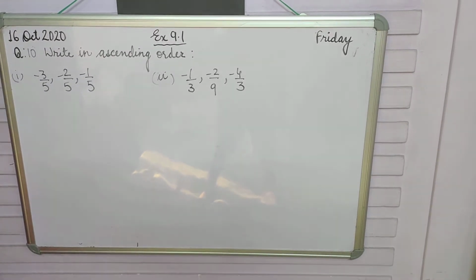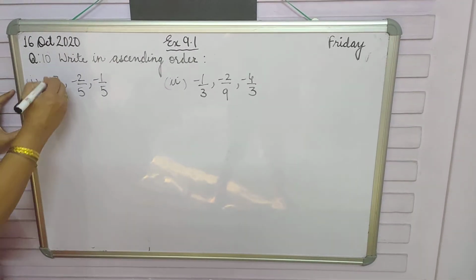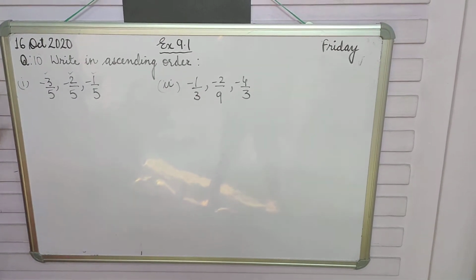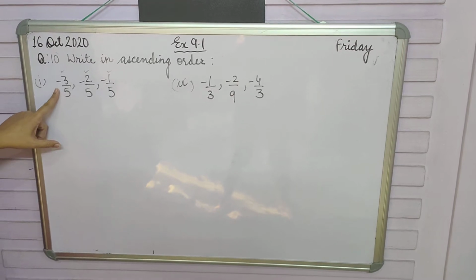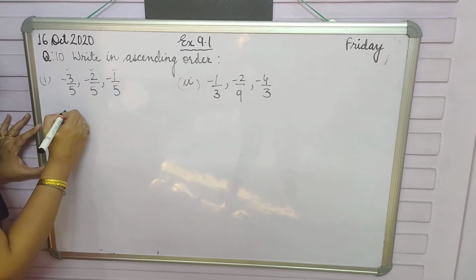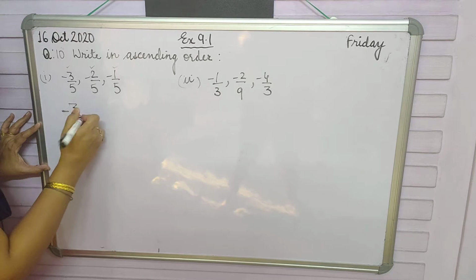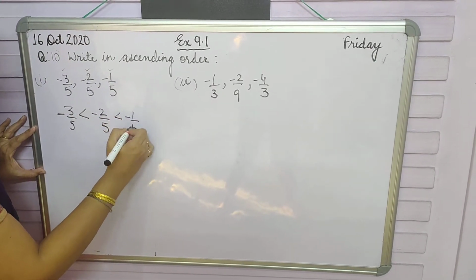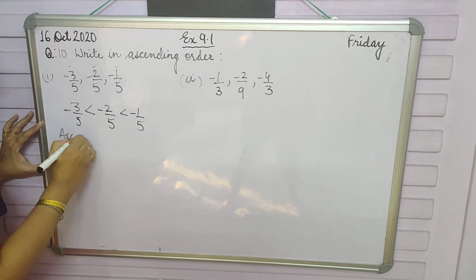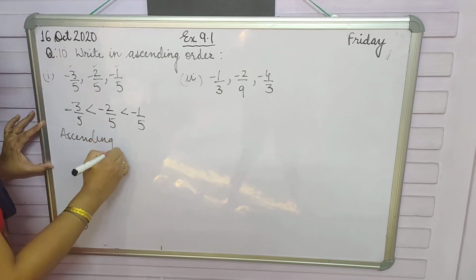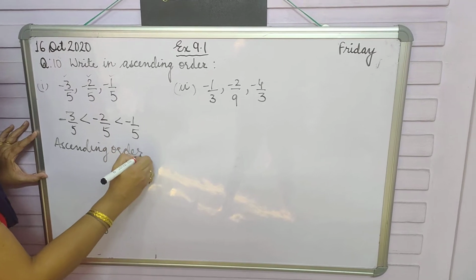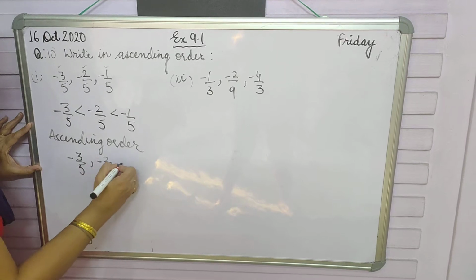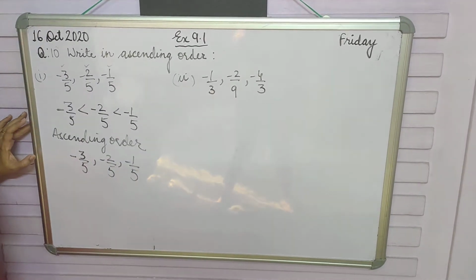So directly we can compare the numerators, and if we see the numerator minus 3, minus 2 and minus 1, we can easily figure out that the smallest one is minus 3. So minus 3 upon 5 is less than minus 2 upon 5 is less than minus 1 upon 5. Or if you don't want to use the symbol, then you can write down in ascending order as minus 3 by 5, minus 2 by 5 and minus 1 by 5.